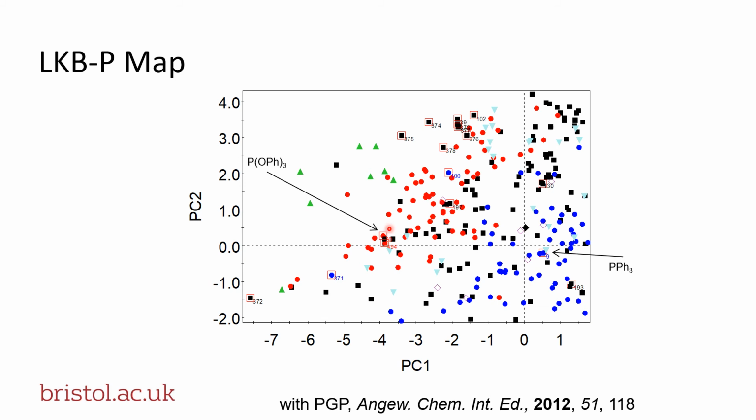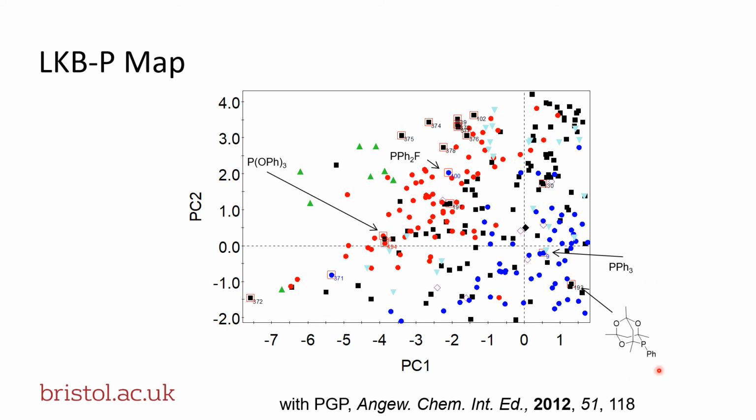So what my colleague Paul Pringle wanted to do was to design systems that react with the speed of these systems. They're called phosphides, but are much more stable. And he came up with different designs. So the first one was to replace one of the phenyl groups with a fluorine, and that moves us over here on our map of chemical space.